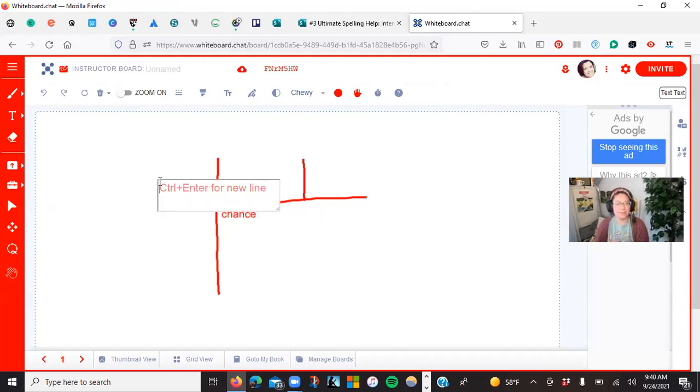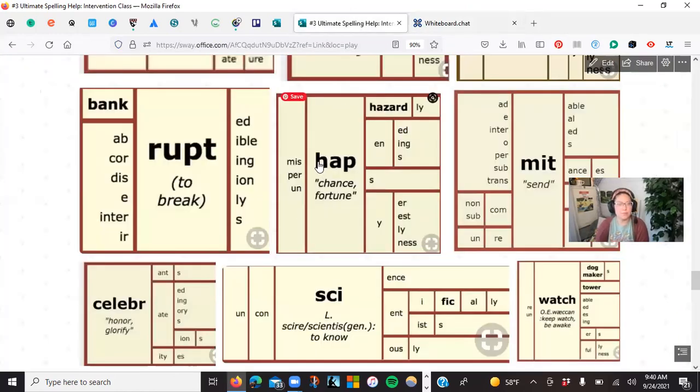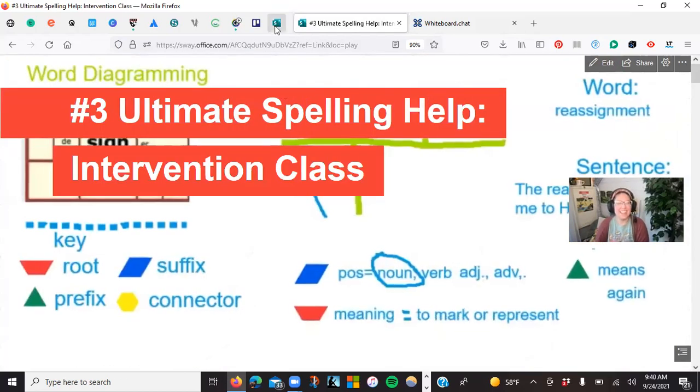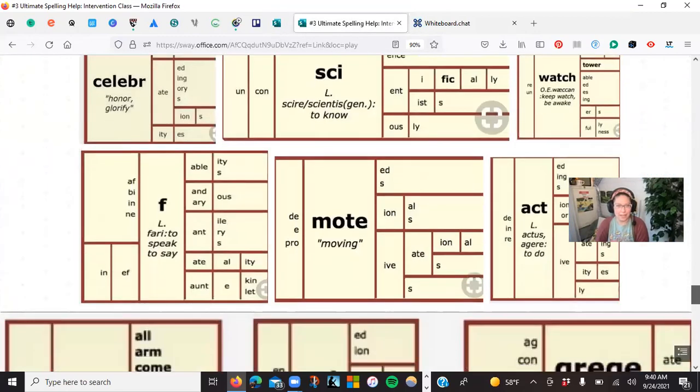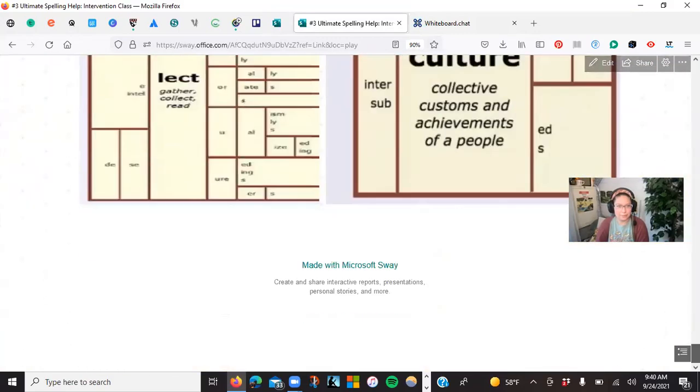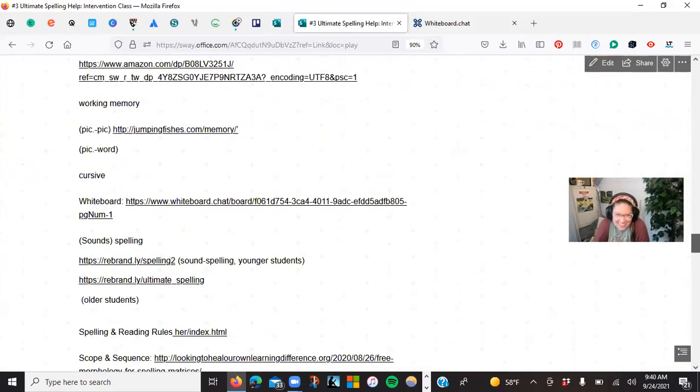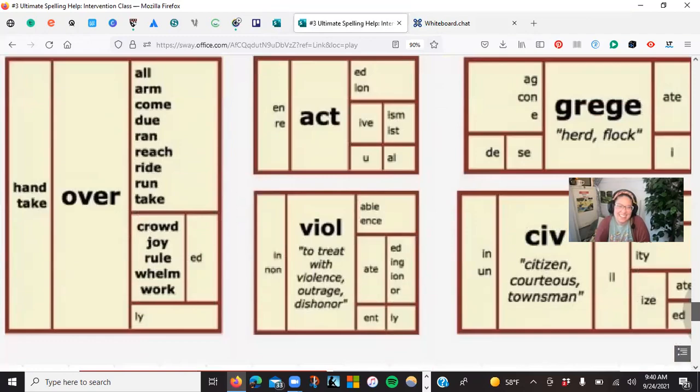Now, our prefix is going to also help us with the meaning of the word. So pick one for us. M-I-S, T-E-R, or U-N? Let's do MIS. Somehow I pressed something. We got to find HAP again.